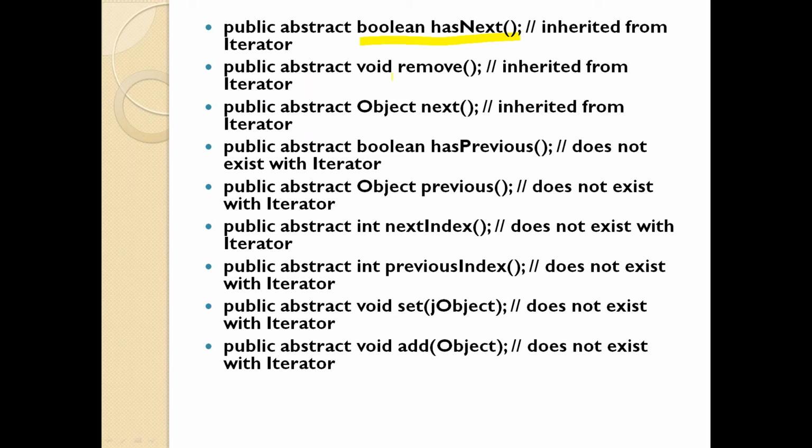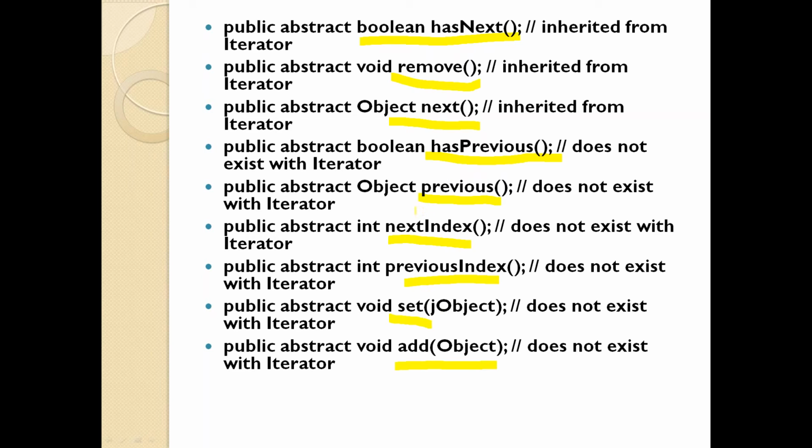I have remove, next, and here new methods come: hasPrevious, for checking previous, for fetching in backward direction. Then nextIndex, previousIndex. Set is used to replace, add is used to add a new element. So these are the methods of ListIterator.